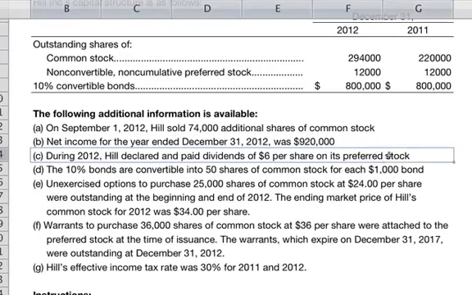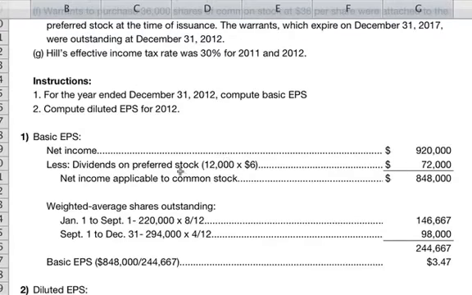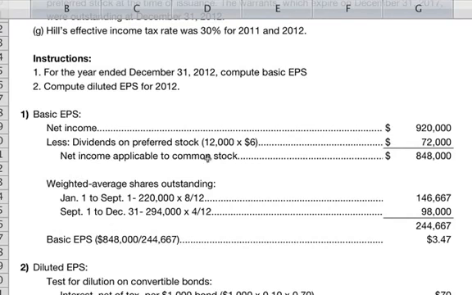During 2012, Hill declared and paid dividends of $6 per share on its preferred stock. So, you subtract the 72,000, and you have the net income applicable to common stock of 848,000.